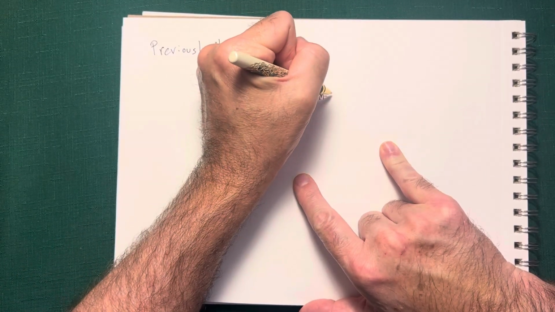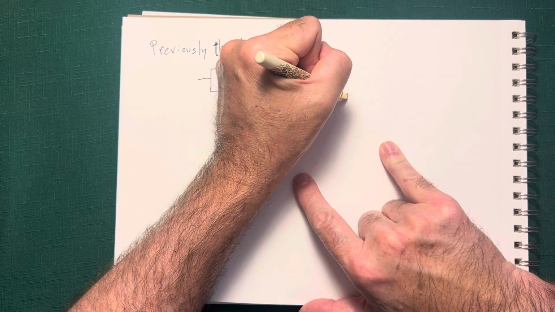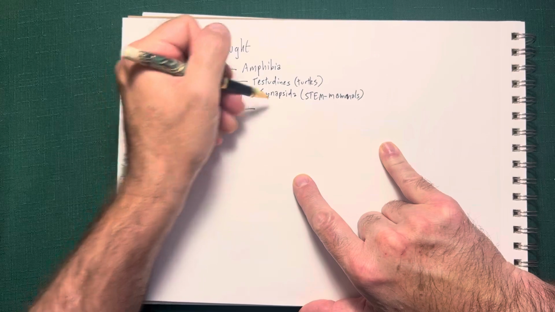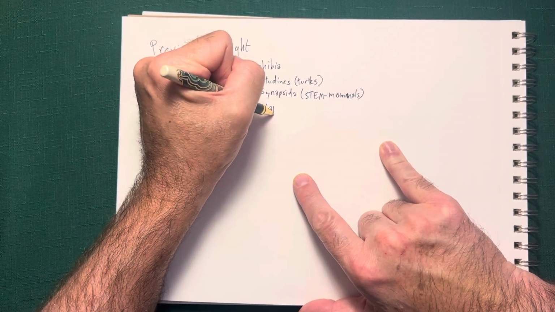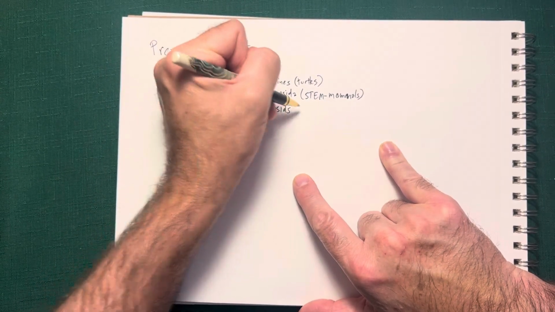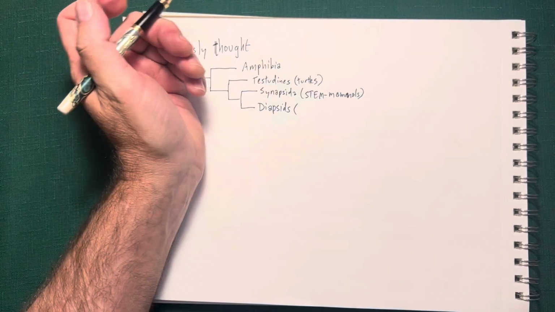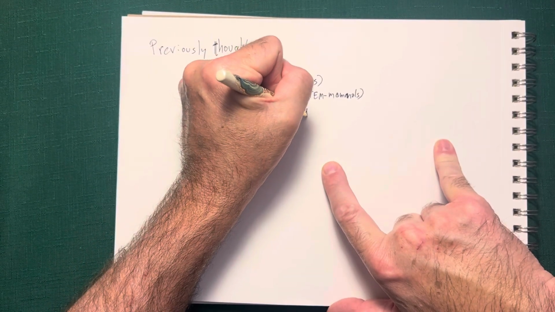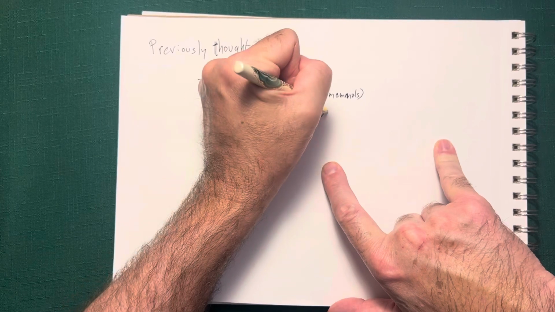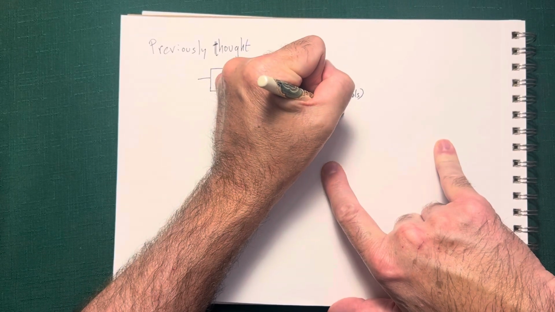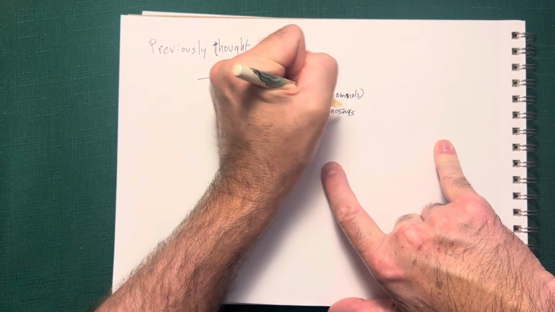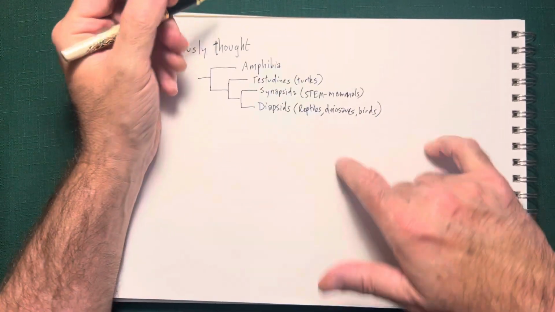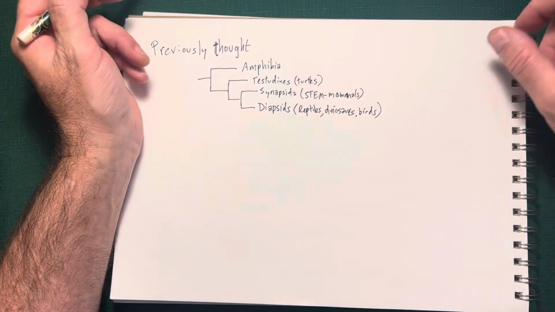I'm just going to describe them as stem mammals. And diapsids, which diverged into traditional reptiles, dinosaurs, including birds. When I say reptiles, I mean reptiles minus testudines.